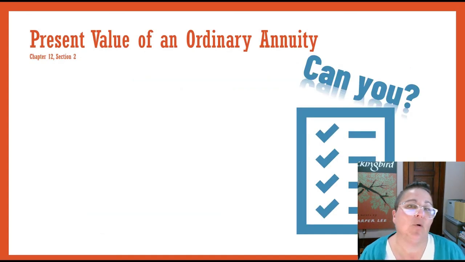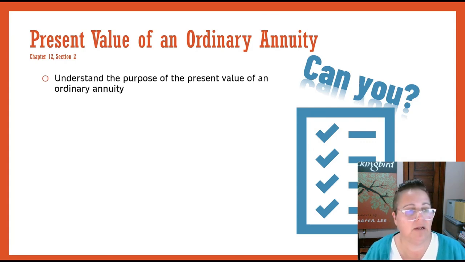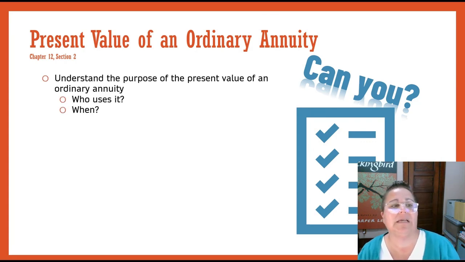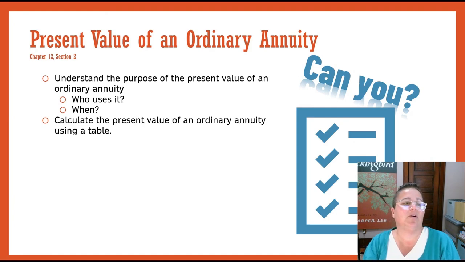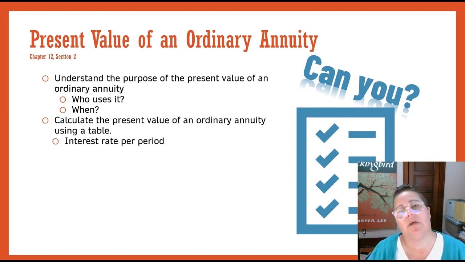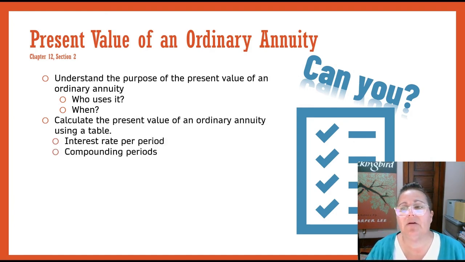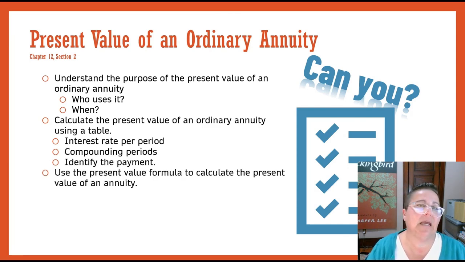The present value of an ordinary annuity: can you understand the purpose of the present value of an ordinary annuity? Do you know who might use it and when? Could you give an example of that if you had to? Can you calculate the present value of an ordinary annuity using a table? That means, can you find the interest rate per period, the number of compounding periods, and can you identify the payment needed?